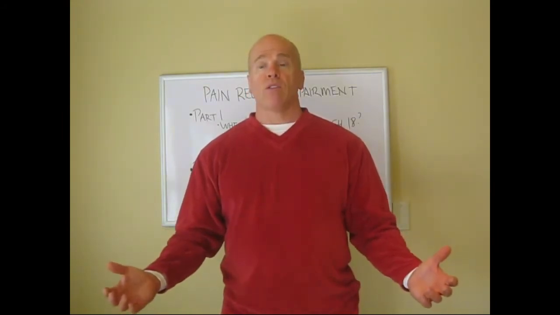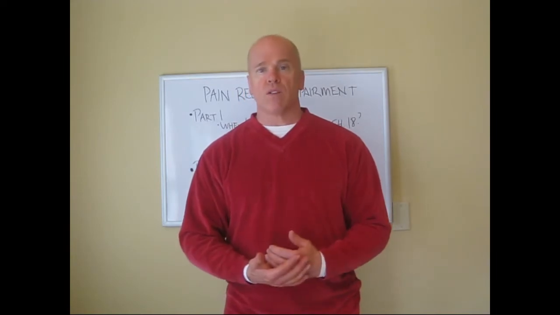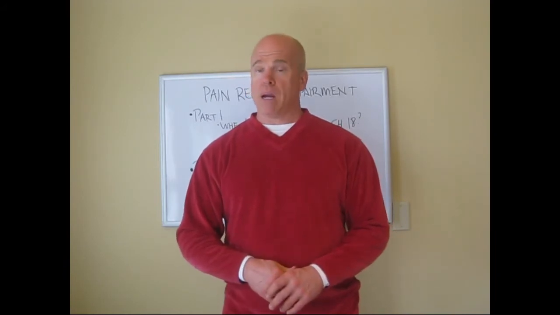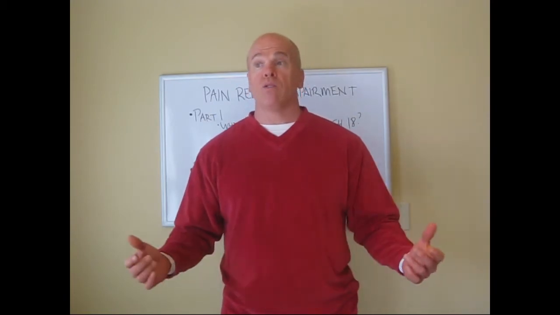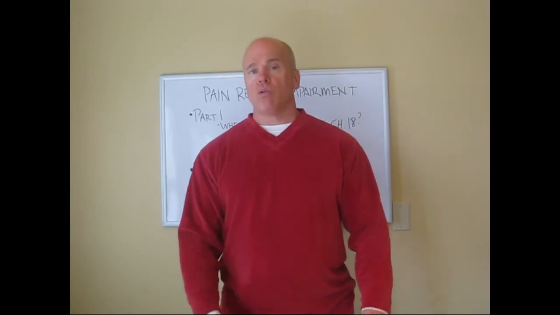The AMA Guides are very clear that there is a very specific set of circumstances for which examinees can qualify for additional pain-related impairment. And if you remember the recurring theme and take-home message from video number 1, it is that the majority of examinees will not qualify for additional impairment related to pain.